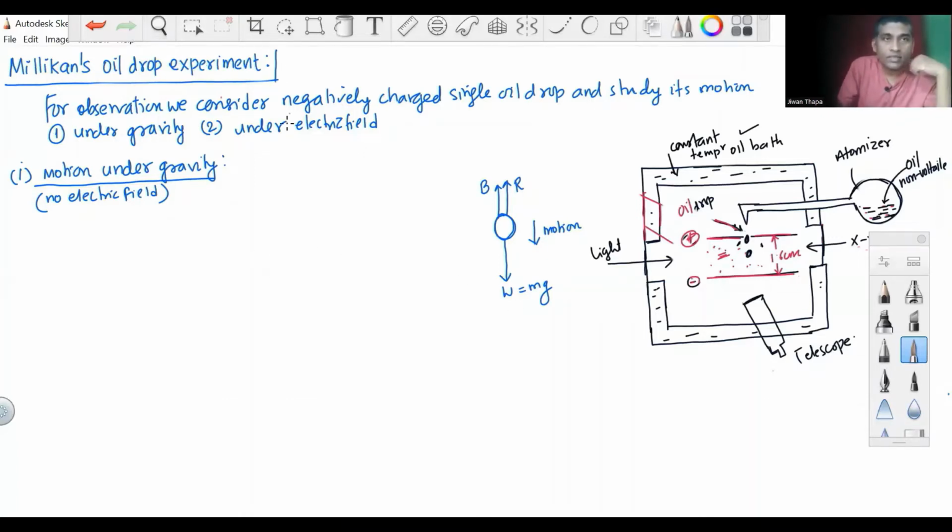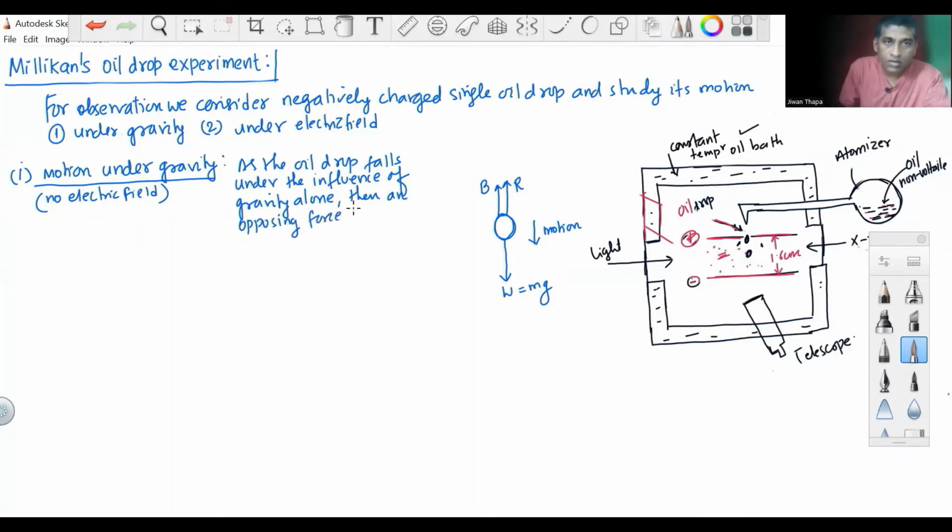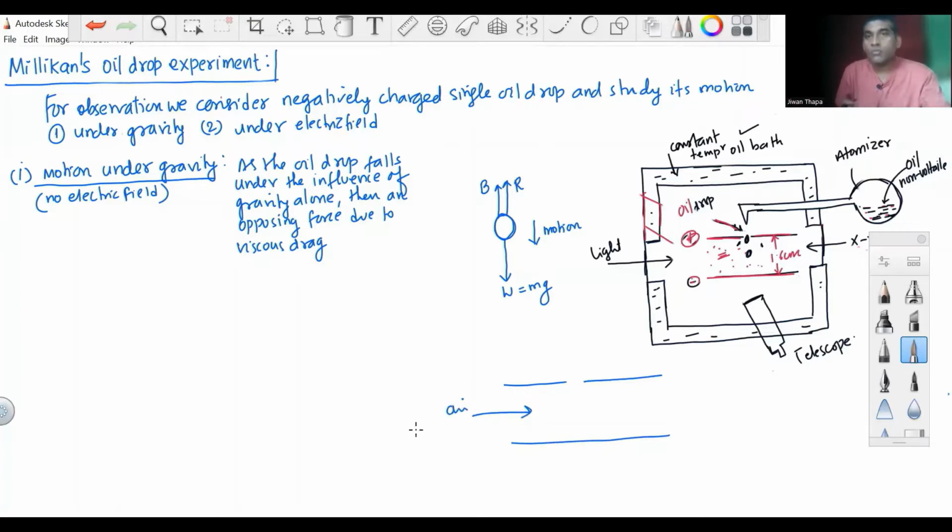So let me write in this way. As the oil drop falls under the influence of gravity alone, then an opposing force due to viscous drag acts on the oil drop, since there are air molecules present in the space between the plates, and the air molecules offer an opposing force, that is viscous force or viscous drag, to the oil drop.